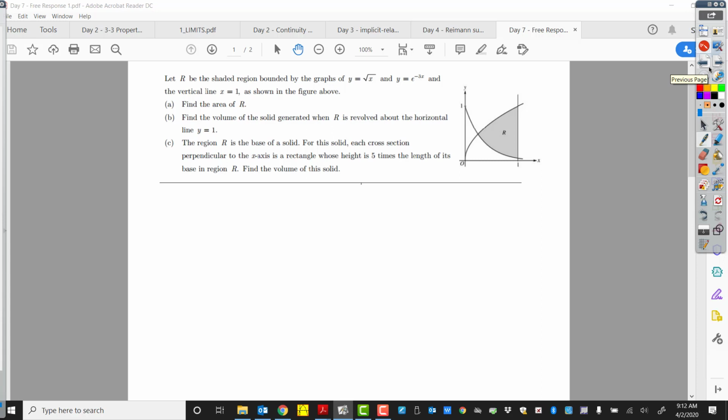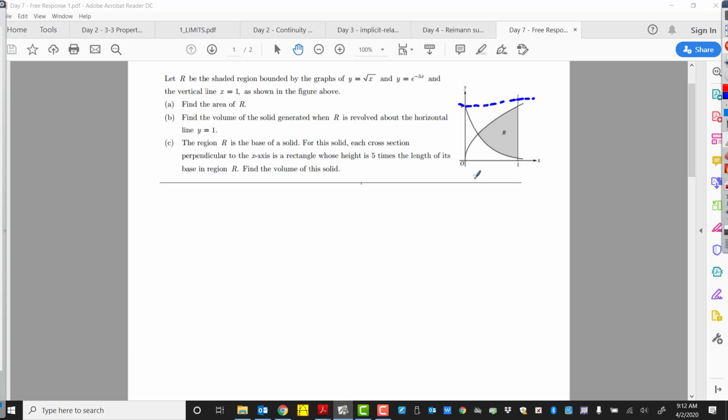Part B says, find the volume of the solid generated when R is revolved around the horizontal line y equals 1. So that's this line right here. We're revolving it there. Okay, so we're revolving around a horizontal line, which means we should be trying to use our disk and washer method.